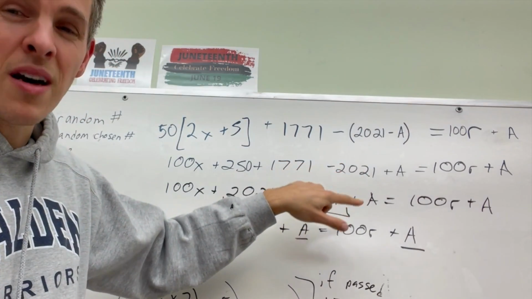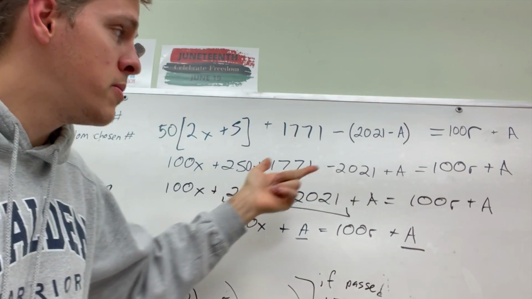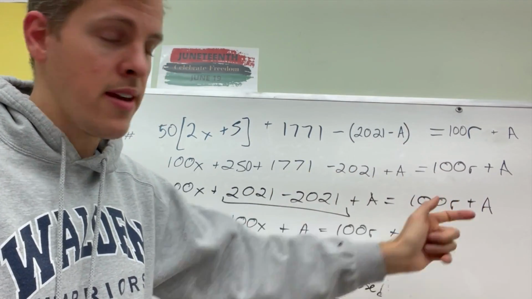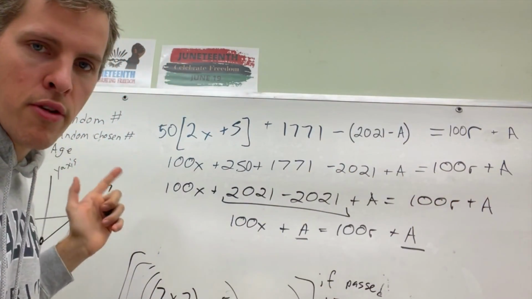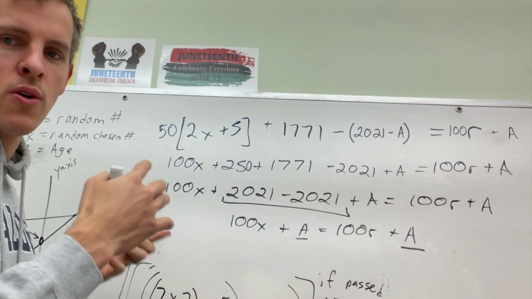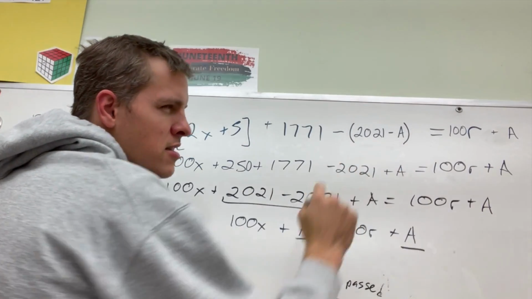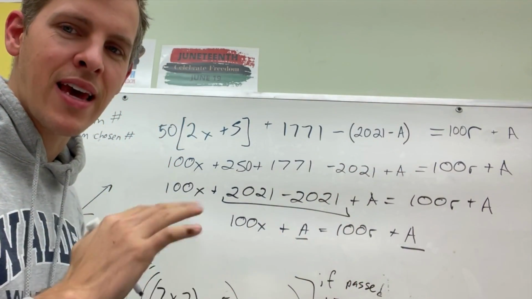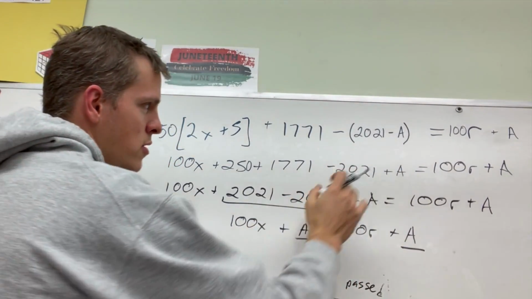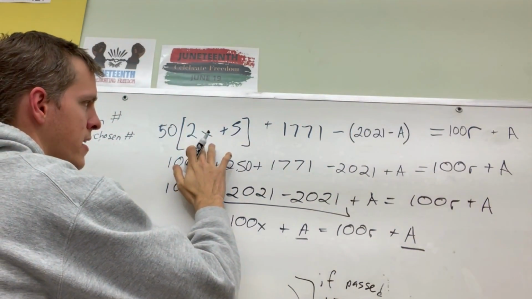And they have to put in some kind of information about their age to be able to get age on the other side. So you can't start with a random number and then end up with your age. They have to input some sort of information that has to do with their age. In this case, the birth year seems like it's kind of random, and that's why it's magical. So I would probably stick with this statement, but you can really mess with the 2x, the 5.